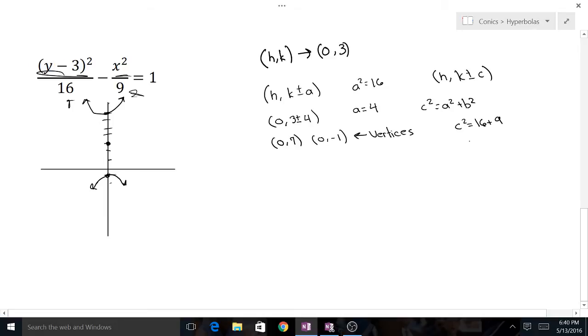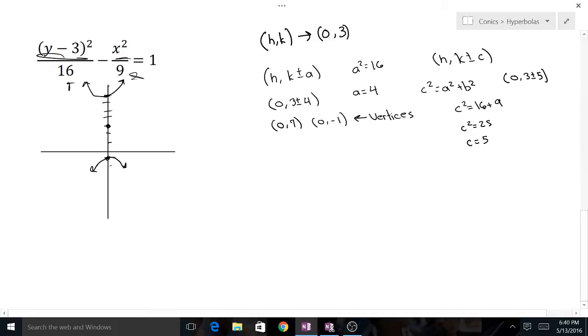I was already doing the next math. c squared equals 25. So c equals 5. Then our two foci will be h, which was 0, and then k, which was 3, plus or minus 5. So our 2 points will be 0, and 3 plus 5 is 8, then 0, and 3 minus 5 is negative 2. That's our foci.